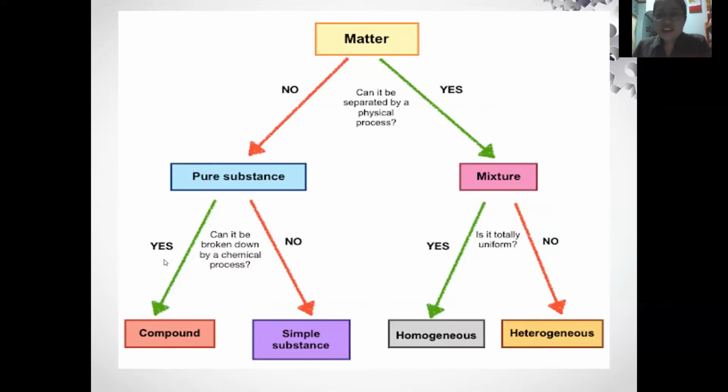But if it's not, it cannot be separated by a chemical process, then that's under the simple substance, or we call it element. Pero pag nahihiwalay natin siya using physical processes, like we mentioned just a while ago, yung mga decantation, etc., mixture yan siya. If the mixture is totally uniform, or you have one phase, that's under homogeneous, and then pag hindi, that will be under heterogeneous.